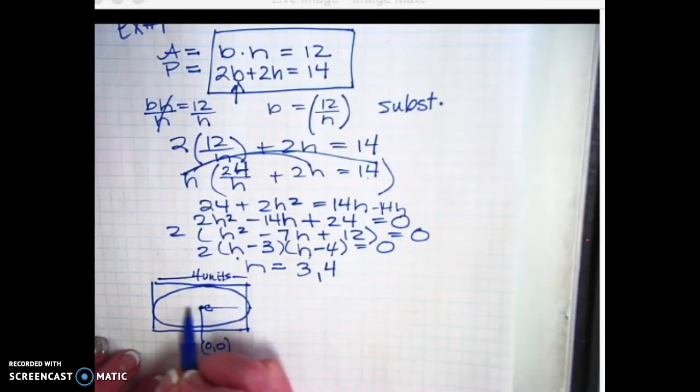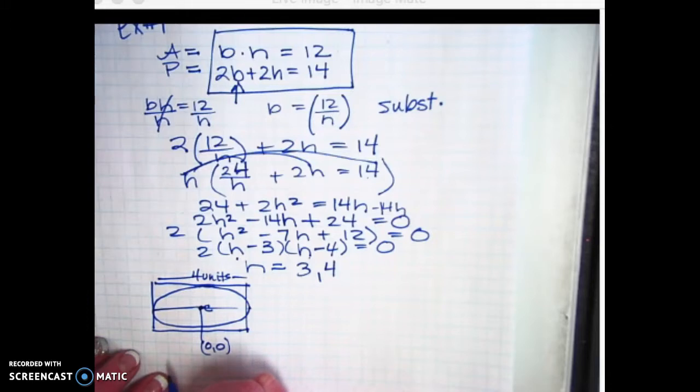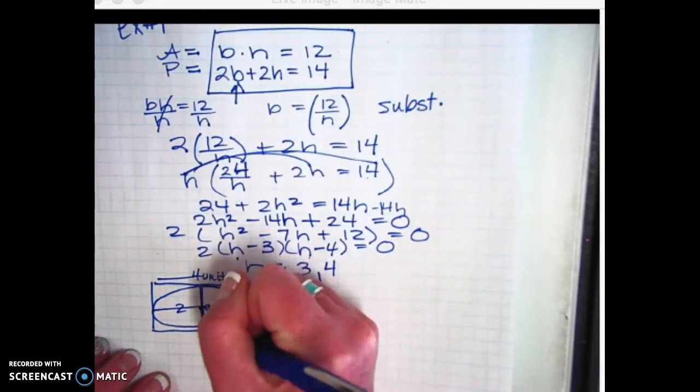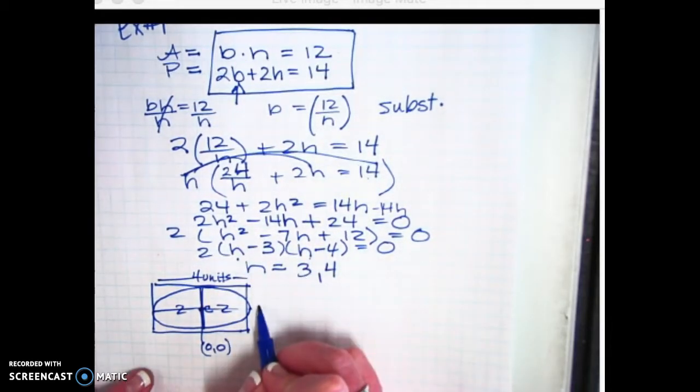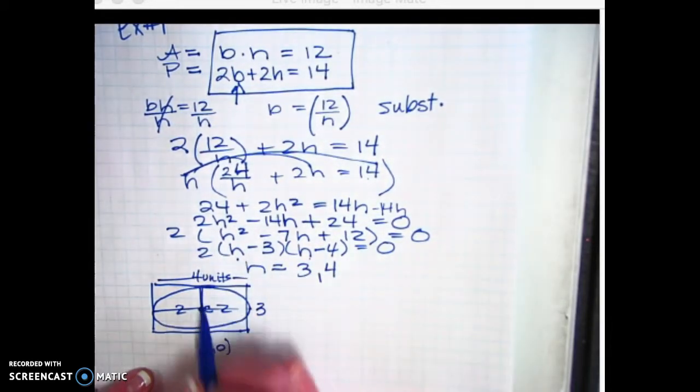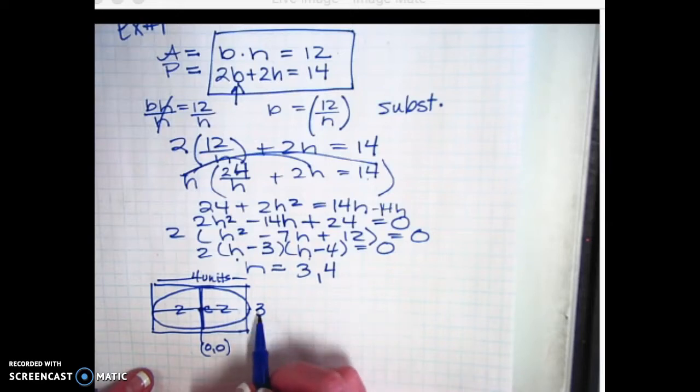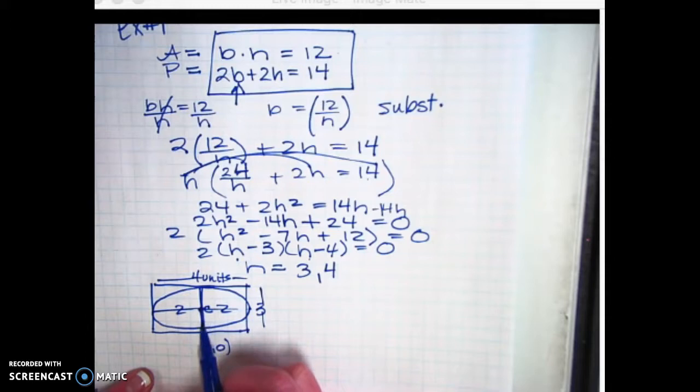That means how many this way and how many this way? 2 and 2. And then the vertical stretch is 3, because that was the shorter one. It just tells you that in the problem. So if it's 3 units this way and this way, how much is each of these? 1.5. So 1.5, 1.5, or you could write it as 3 halves.